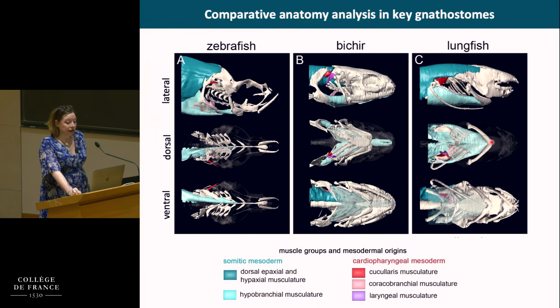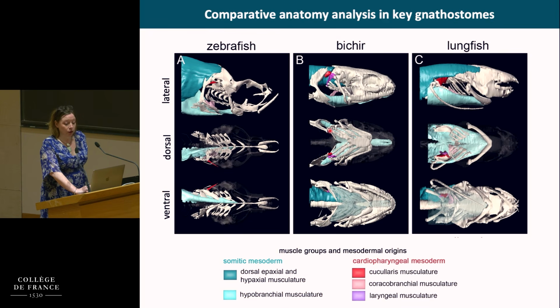So here, each specimen at juvenile stage has been analyzed by tomography, and we manually reconstructed the skeletal components, the skull and the anterior skeleton, and muscle groups of interest that connect the head to the trunk, including the dorsal epaxial and hypaxial musculature in dark blue, the hypobranchial musculature here that we know are of somatic mesoderm origin.